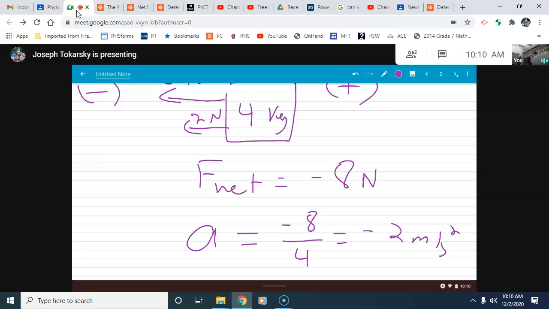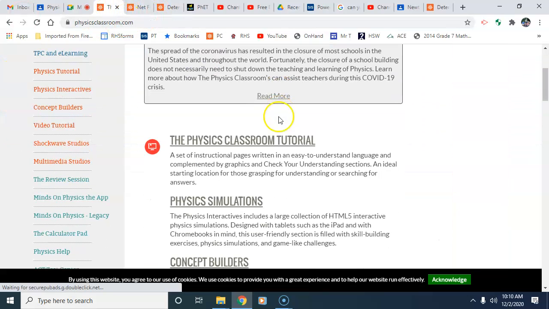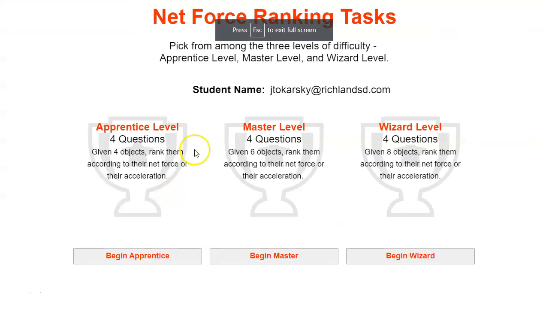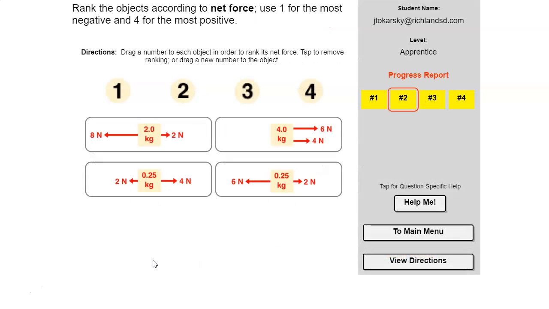And this is what you have to do for our concept builder, which I'm going to go to right now. Again, we are only asking you to do the apprentice level. We have to pay very close attention to the directions, because some are going to say rank them according to just net force, and some are going to say rank according to acceleration.